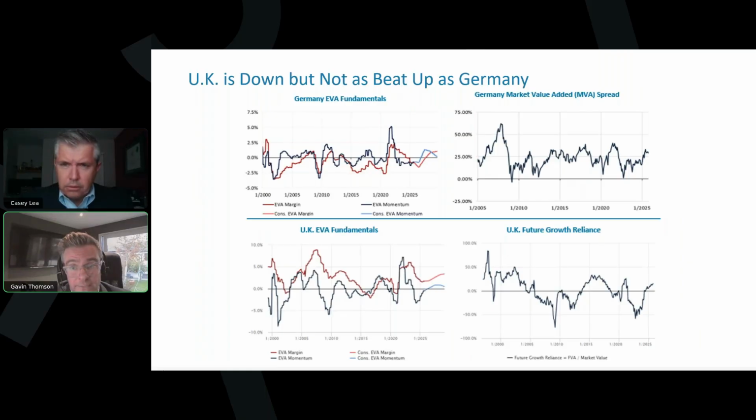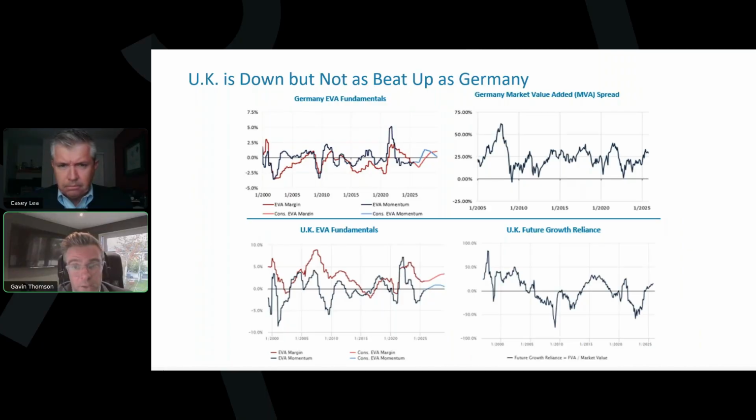However, when we look at expectations, and we look at expectations slightly differently, when profitability has been historically negative the majority of the time, as is the case for Germany, what we do is then use our price to book measure. So our economic price to book measure, you can see that's called market value add spread.